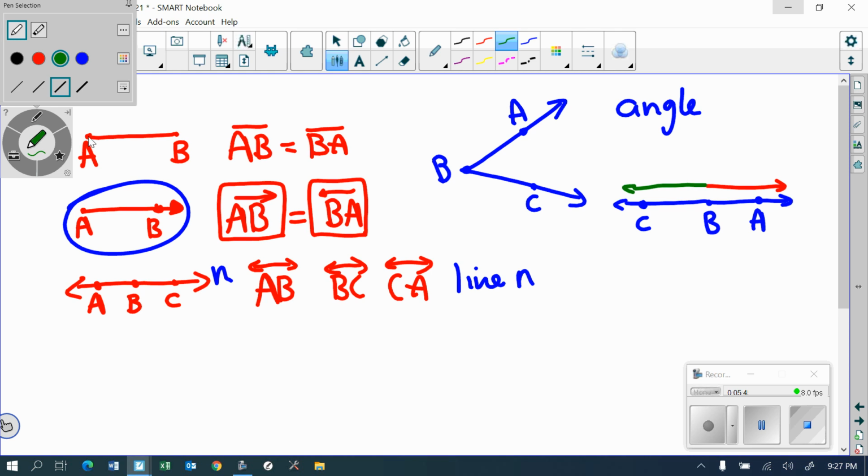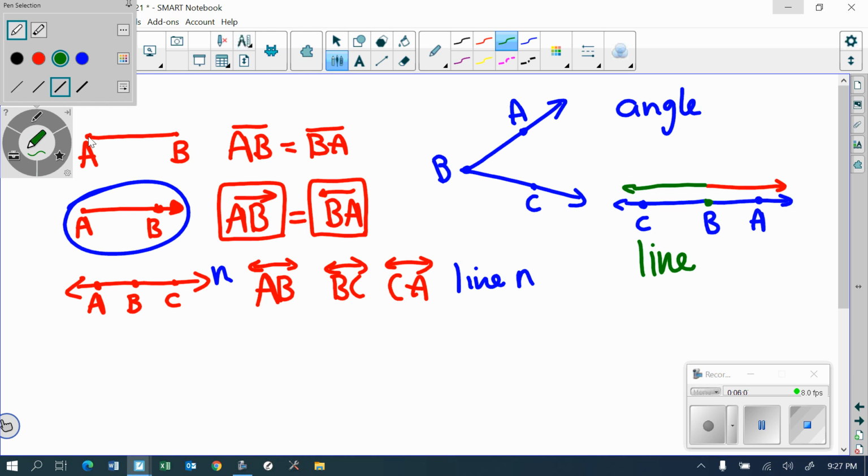If they're opposite rays, so that's the definition of opposite rays, rays that go in the exact opposite directions with a common endpoint, which is B in this case. Those are called opposite rays. Opposite rays form a line. So that's how a line is described, a pair of opposite rays. So that's ray BC and ray BA.